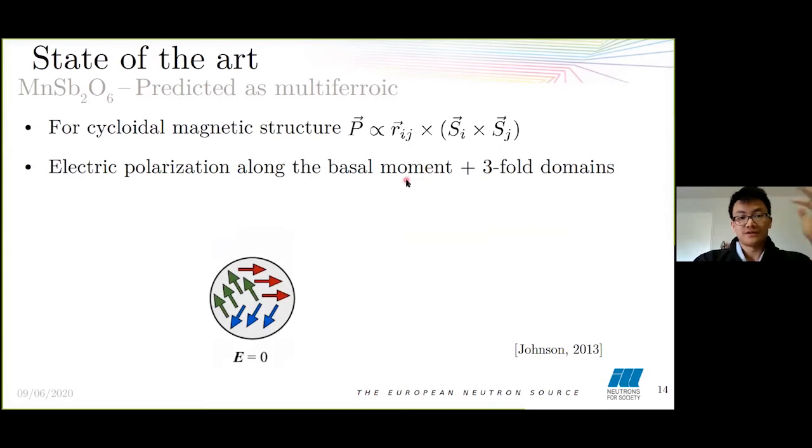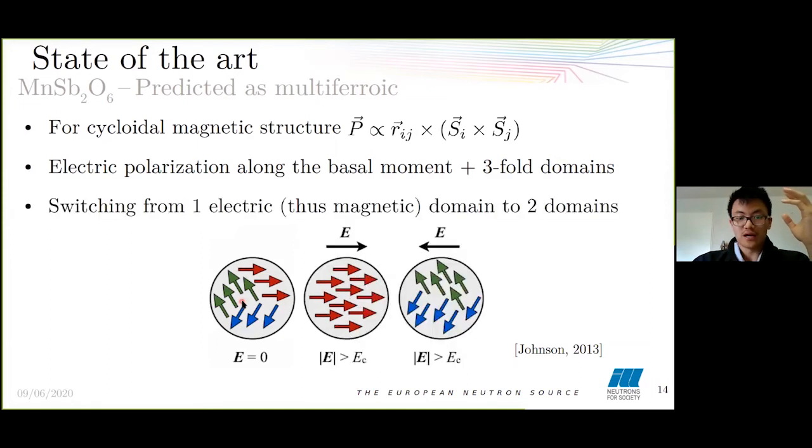Then a very interesting property of this material, which was predicted in the paper of Johnson in 2013, is that generally in a cycloidal magnetic structure, you can find an electric polarization, which is along the basal moment of the cycloid. And as in this sample you have the threefold domains, you can actually find 3 directions of the electric polarization in the sample.